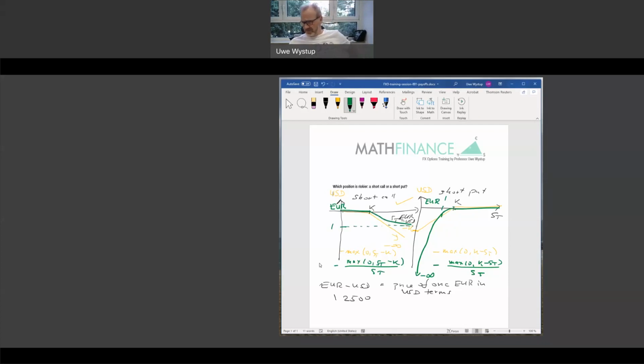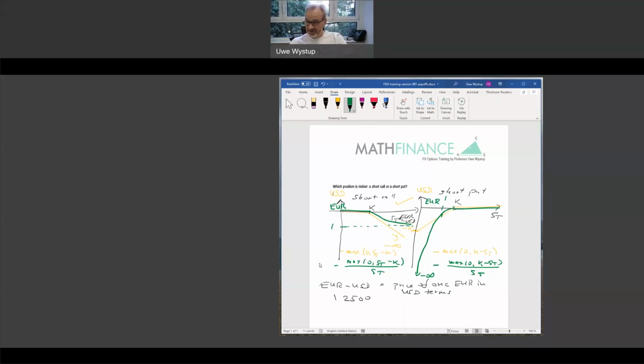Is that intuitive? Well, what is a short call? You're selling somebody the right to buy €1 from you. So what's your worst case loss? Well, you'd have to give your counterparty the euro. So that's gone. That's your worst case loss. And in the worst case, from the other side, what you get is nothing.